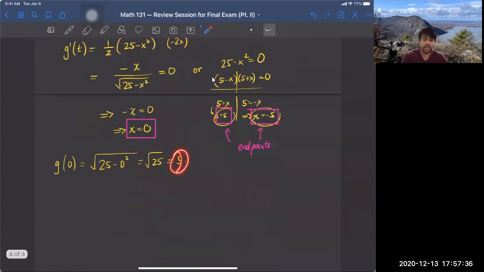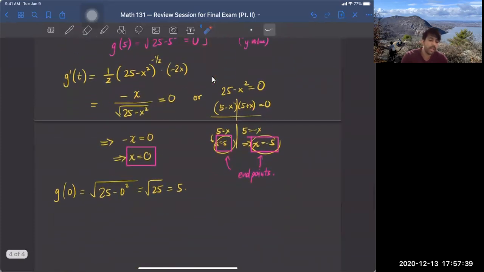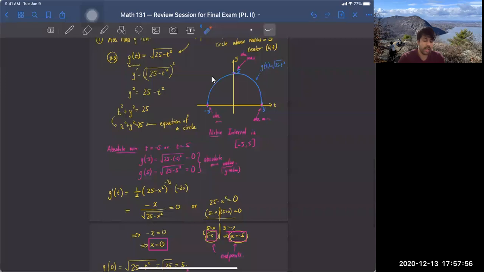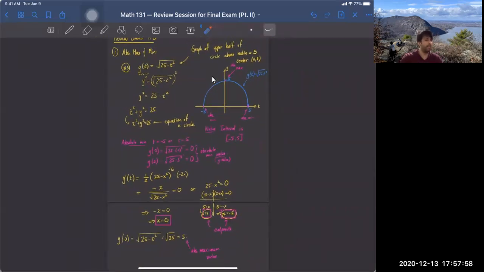So the y value 5 is bigger than 0, which indicates that this is the absolute maximum value. Just by looking at the graph, the maximum y value is 5 and the minimum y values are 0. So that's how we do number 3, absolute max and min.